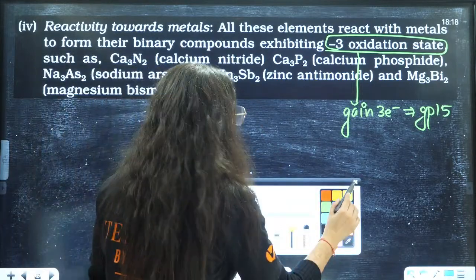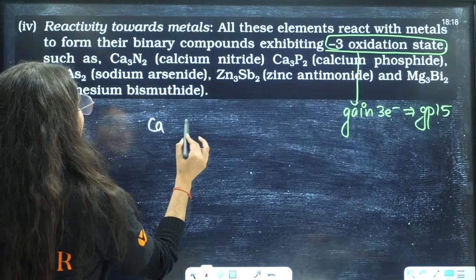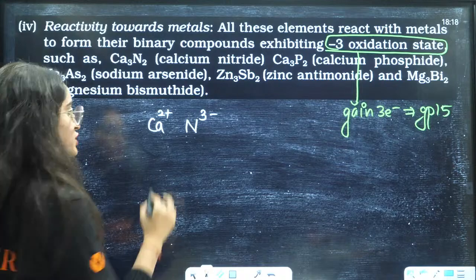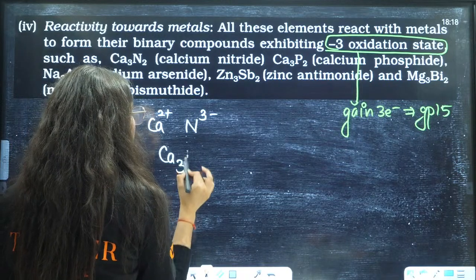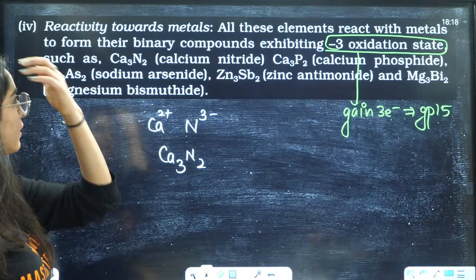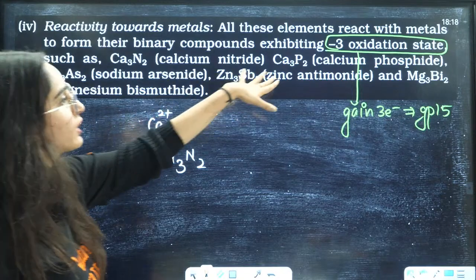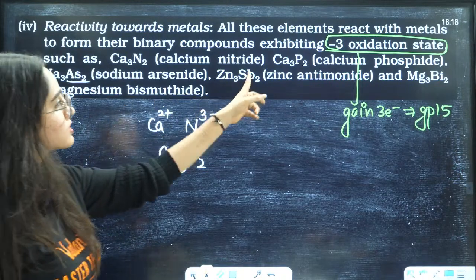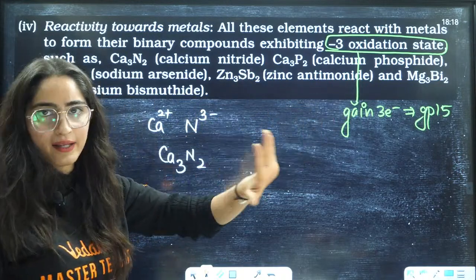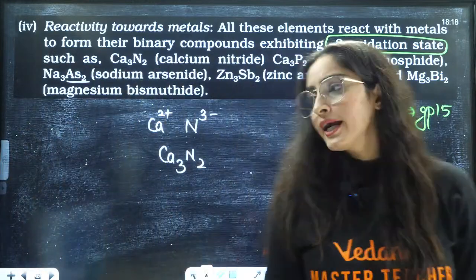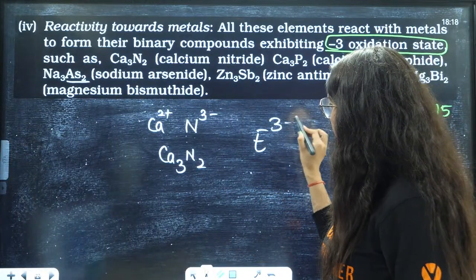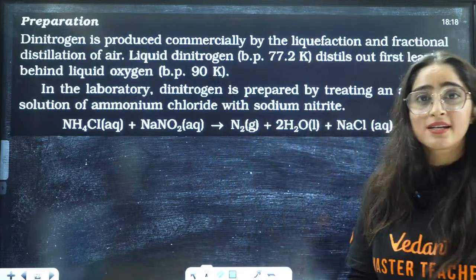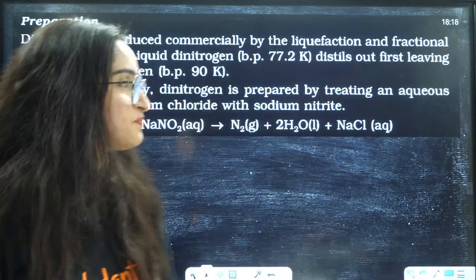For example, here you have CaN. Now here nitrogen has 3 negative, calcium has 2 positive. That is how you have a Ca3N2 kind of compound, that is calcium nitride. Here also it is P3 negative, here also As3 negative, here Sb3 negative, and here Bi3 negative. In all these cases, it exists as E3 negative. It is gaining the electrons instead of losing them.